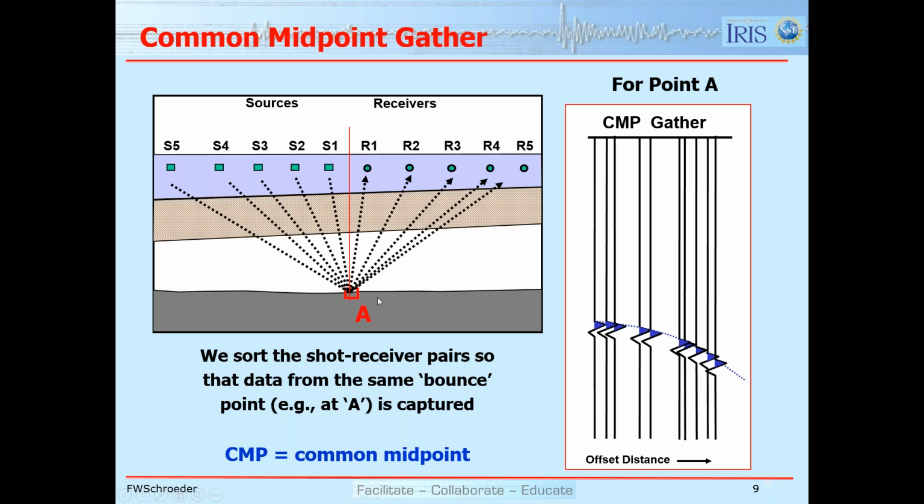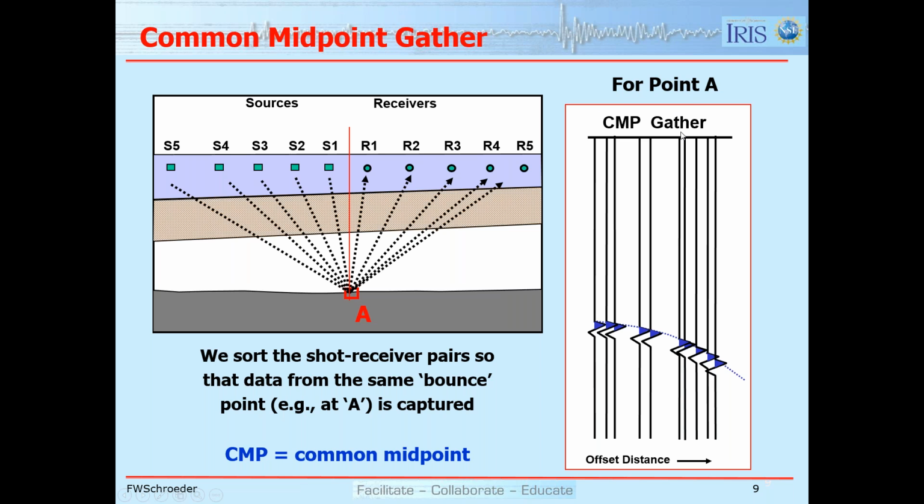So we call this a common midpoint. We go through all of the raw data and find shots and receivers so that the midpoint would be along this red line, including the little red box. So we get what are called CMPs, or common midpoints.